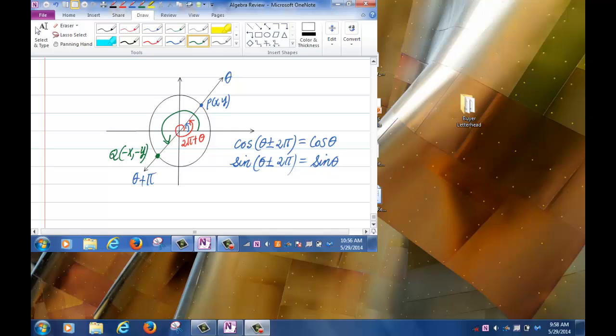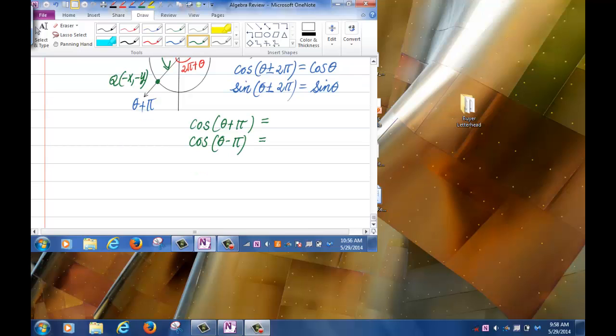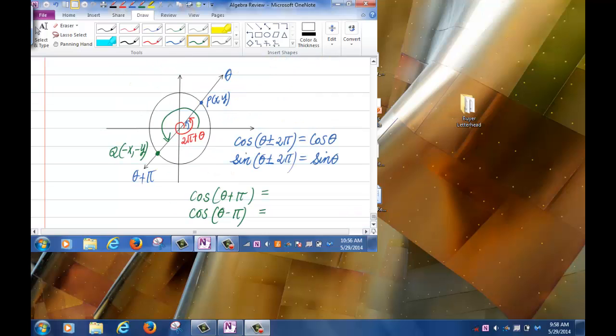So what's the relationship between cosine of theta plus pi and sine of theta plus pi? Oh, sorry, why did I write cosine twice? Sorry. I want to write sine here.